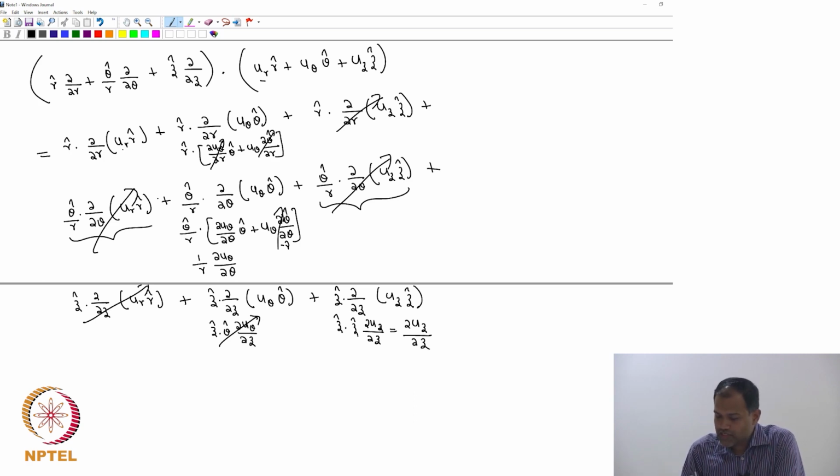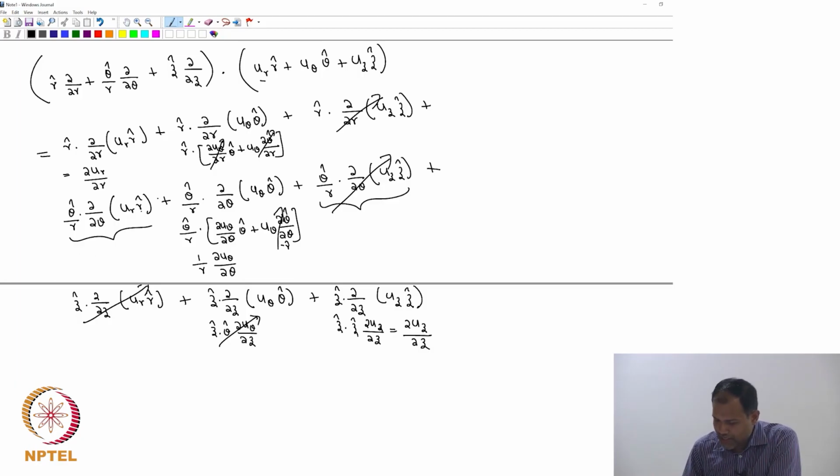This one, what is here again? Is r cap dependent on r? No, r cap is independent of r, so you can pull out r. That means this will just leave you dou u r by dou r. So you get that term. I have made a mistake. Where did I make the mistake? The second term it should be here.